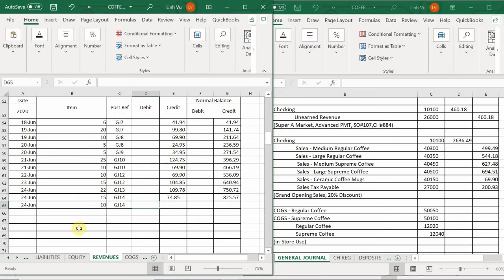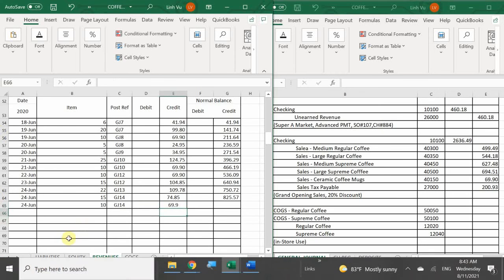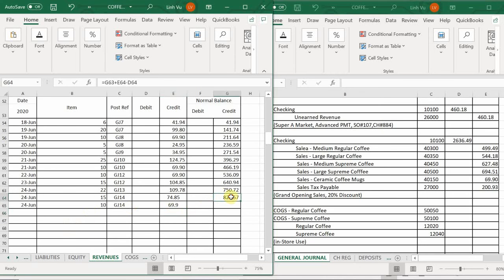General Journal 14, 69.90. Give me a balance of 895.47. Good.